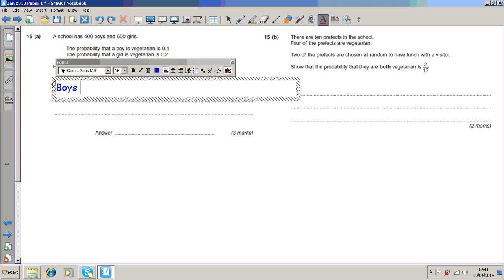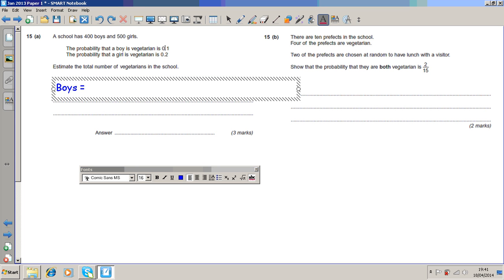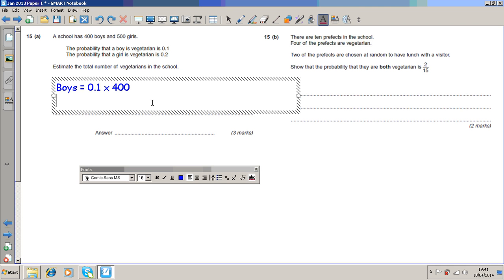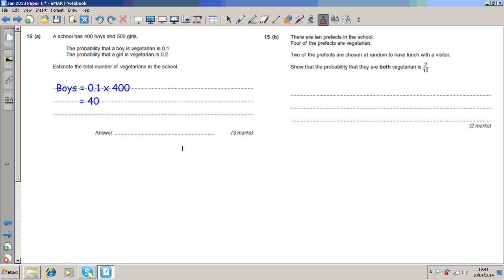Okay, so I'll go boys first. Boys is 0.1 times by how many boys we got, which is 400. So to do that, well, 0.1 times 100 is 10, so 400 will be 40.